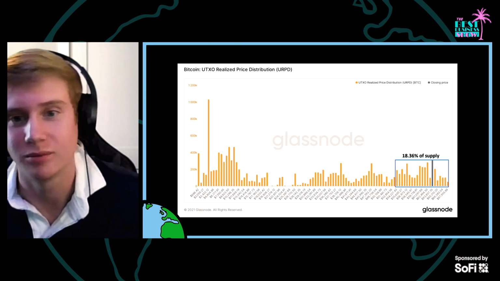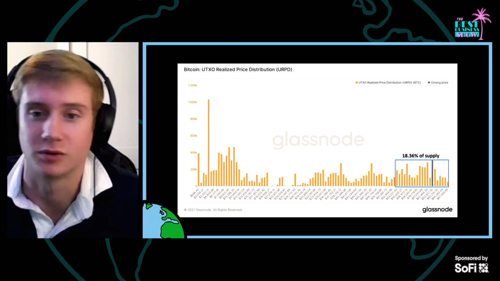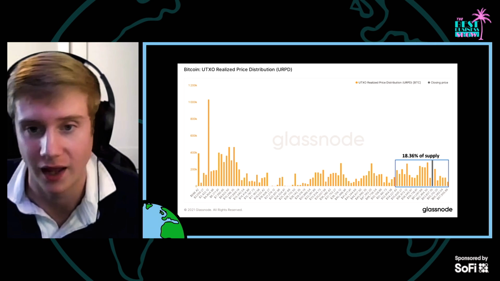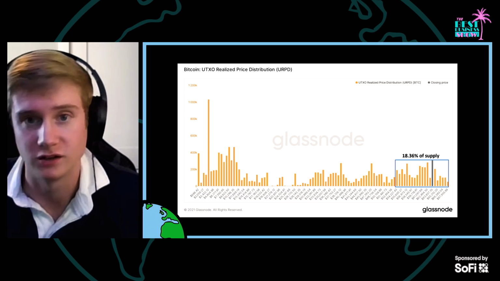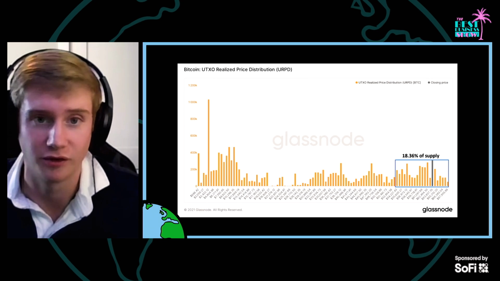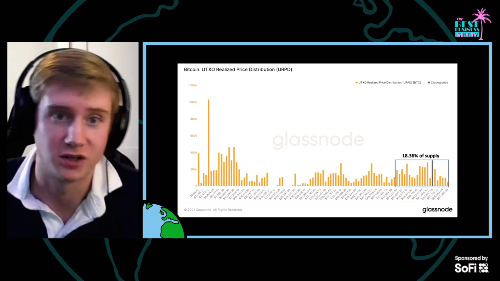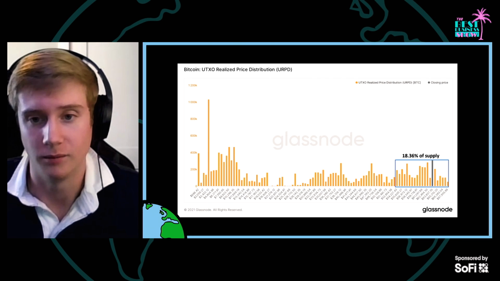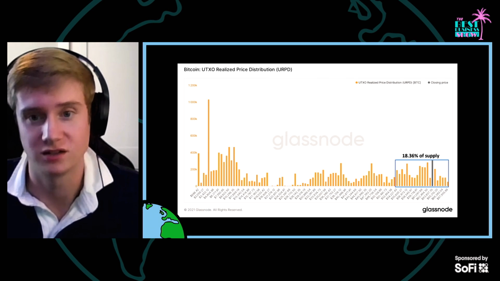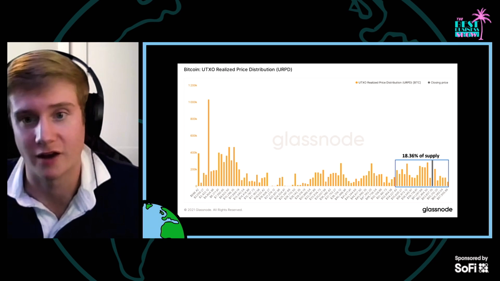But roughly 18.36% of Bitcoin's supply has moved above that $1 trillion threshold. And so to me, that's showing that there's confirmation from market participants that this asset class is here to stay, and that Bitcoin is establishing itself as a maturing macro asset.